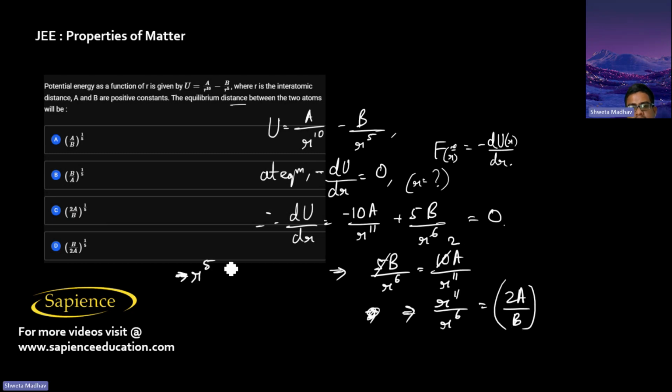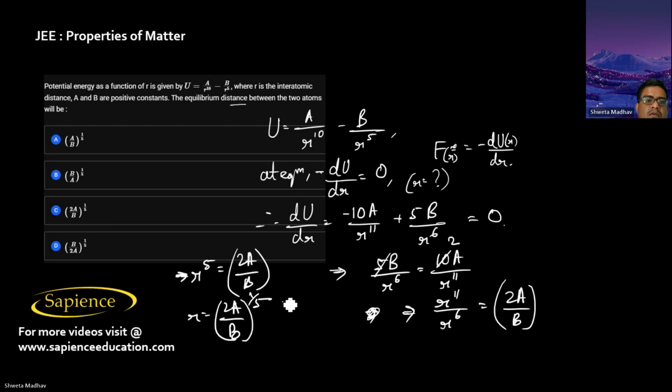Therefore, r power 5 is equal to 2a by b. r is equal to 2a by b to the power 1 by 5. Option C is the correct answer.